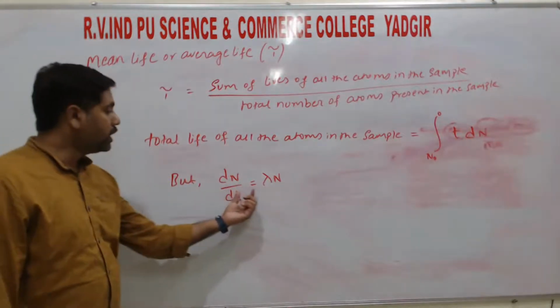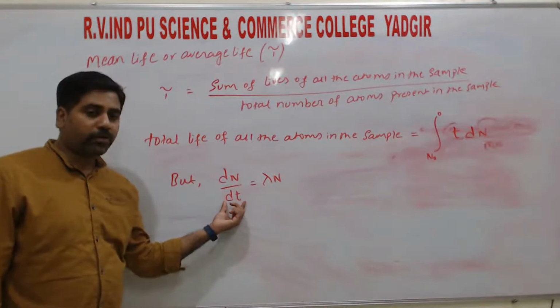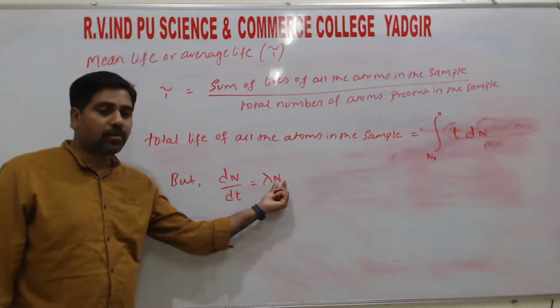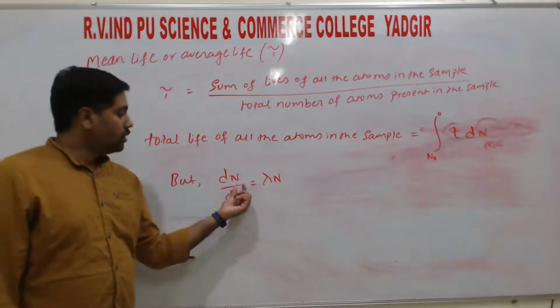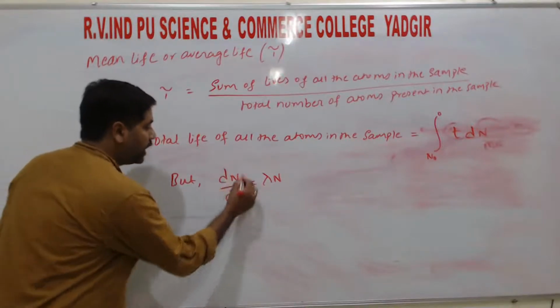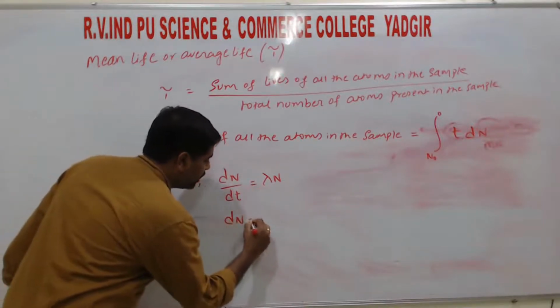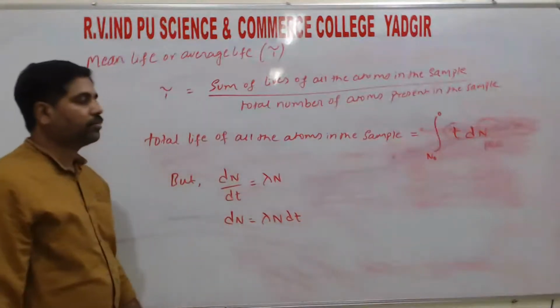This is by the radioactive decay law: the rate of disintegration per unit time is directly proportional to the number of nuclei, right? If we remove the proportionality, we get dn by dt equals lambda n. So we need dn, that is dn equals lambda n dt, right?